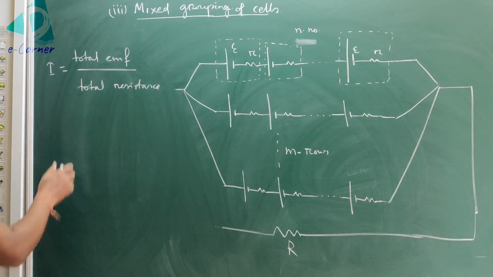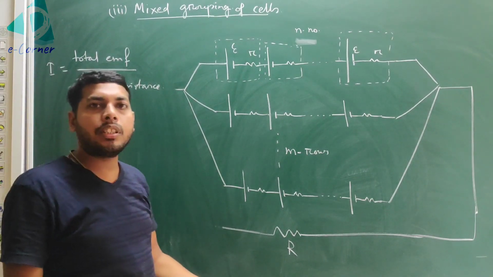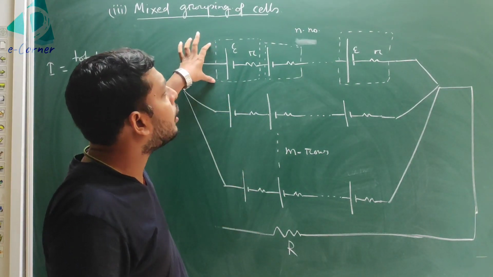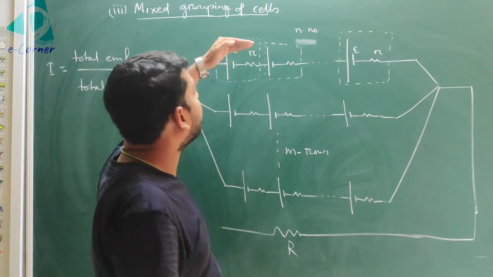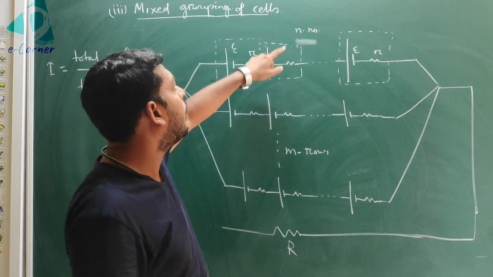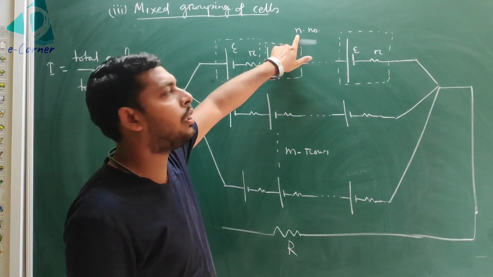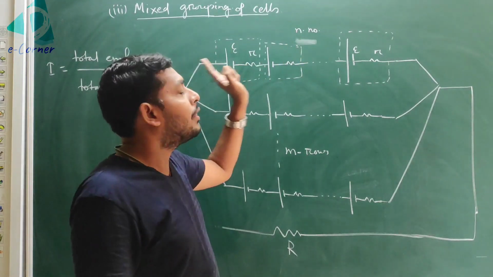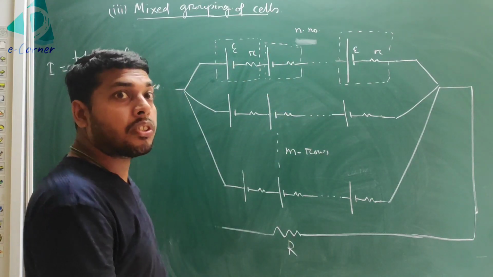So what is the total EMF? For simplicity, let us consider only the series combination in the first row. In the first row, how many cells are connected? n number of cells, connected in series.